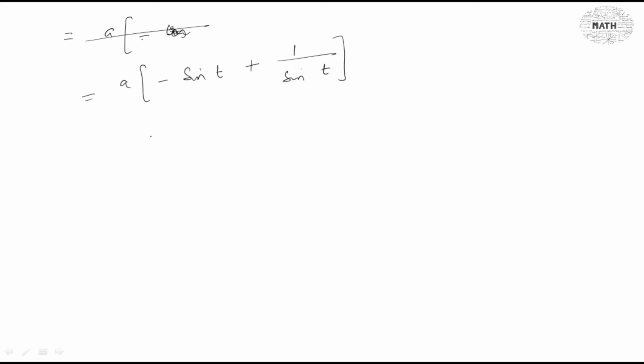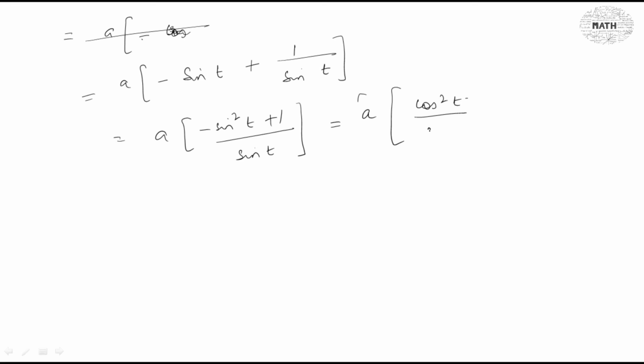So I'll get the answer of this one to be a minus sine squared t plus 1 divided by sine t if I take the LCM. So 1 minus sine squared t is how much? That will be a, and then cos squared t divided by sine t. So that was nothing more than your dx by dt.